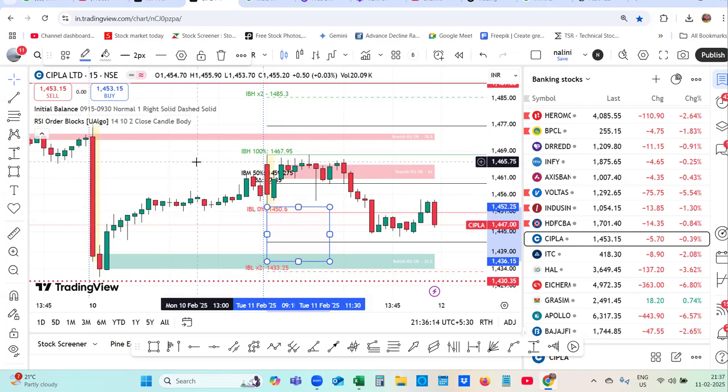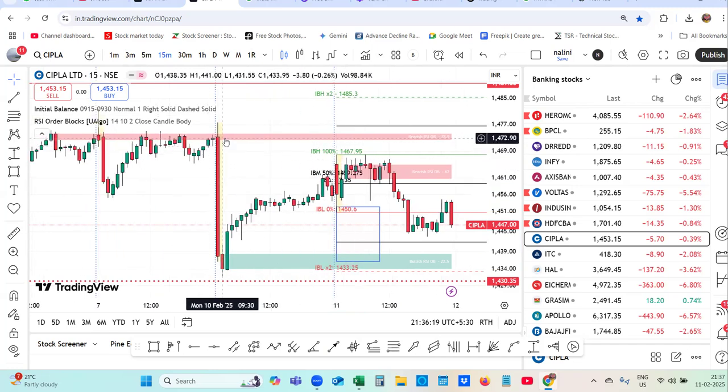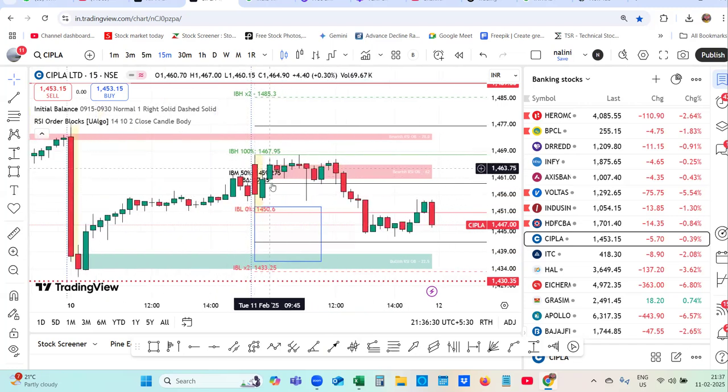Here on the chart of Cipla, on the previous day, you can see there is a sell order block in the market. The previous day it rallied up to this, and today it opened with a bearish candle, forming a range. Then, when it did not go above this initial balance range, the market started going down.